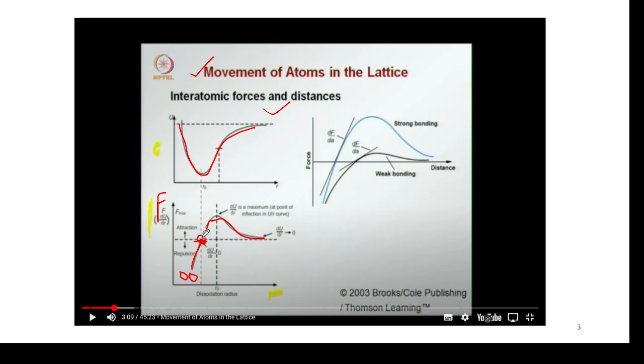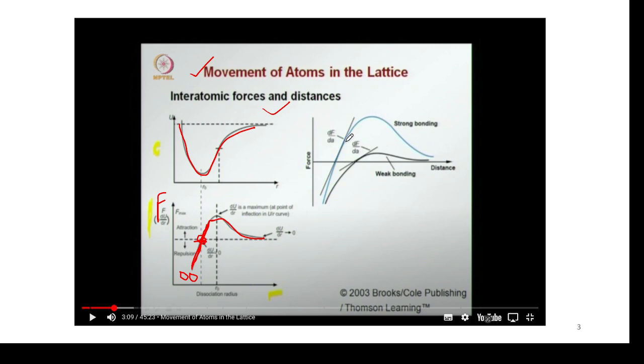However, when the distance increases again, the attraction forces in that material start. So we can say that this is somewhat analogous to the stress strain curve of any material. And here is one of the examples.